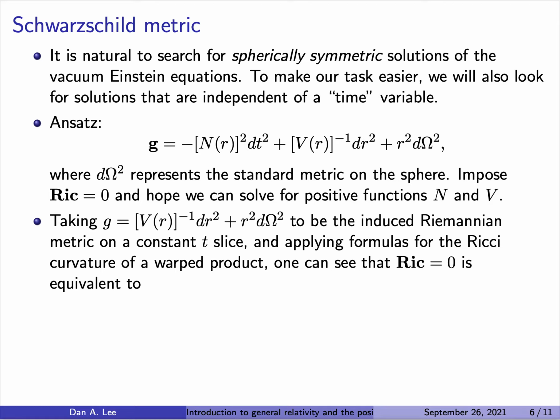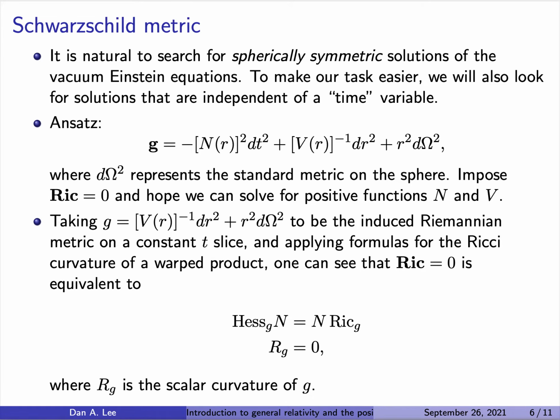Those formulas, while standard, are a bit tedious to actually derive, but they are pretty well known. So if you just plug into those formulas, then what you'll see is that bold G being Ricci flat is equivalent to the Hessian of n with respect to regular G being n times the Ricci curvature of G, and the scalar curvature of G being 0.